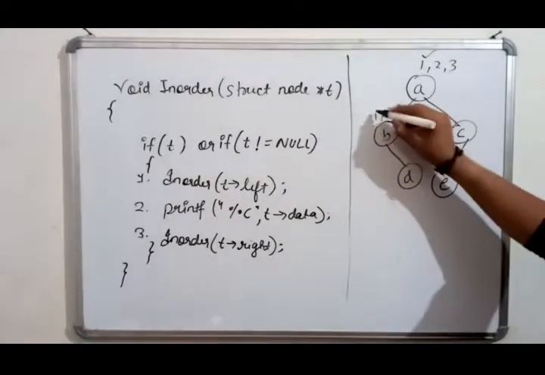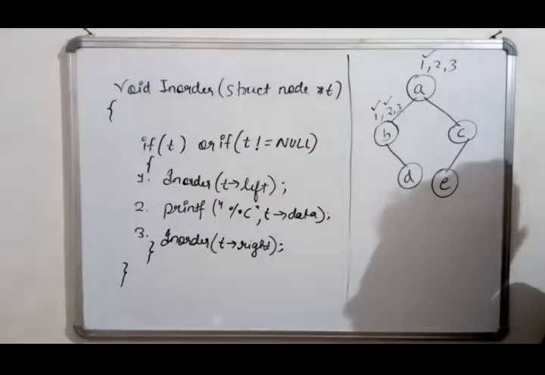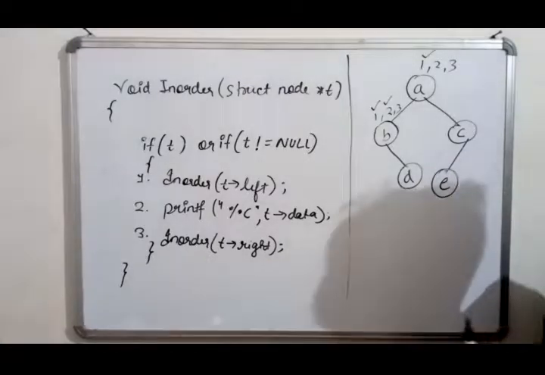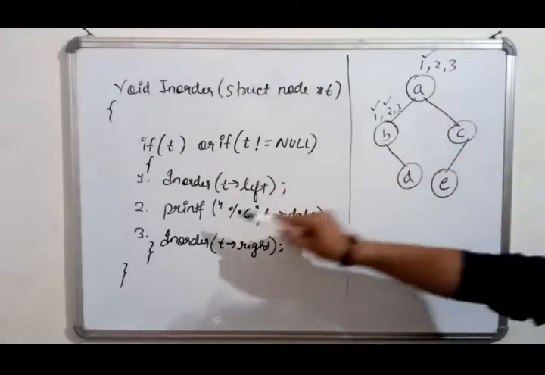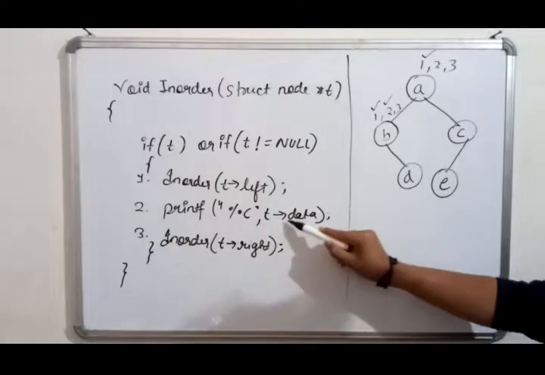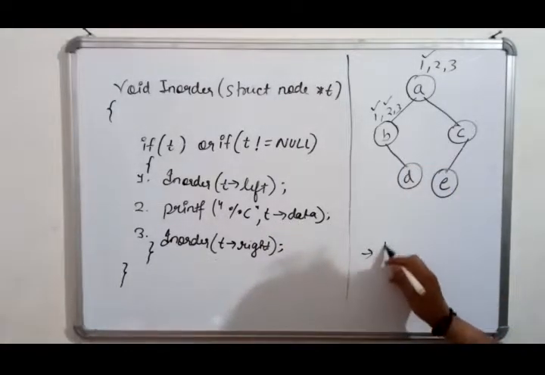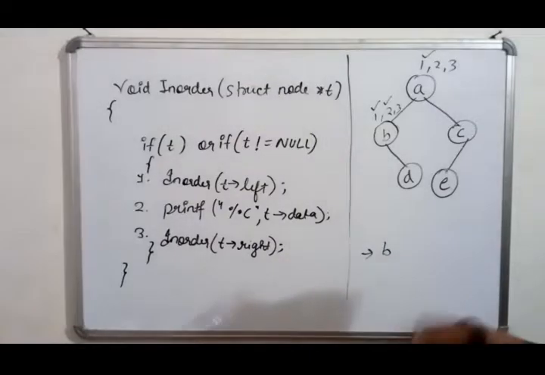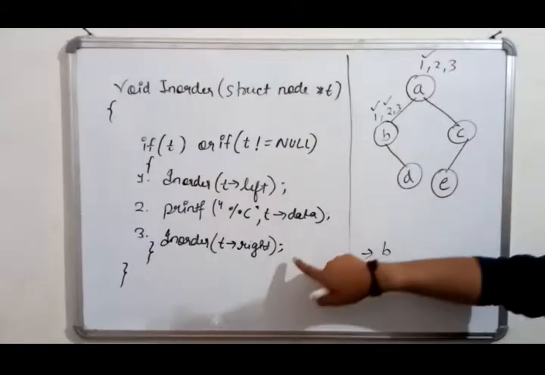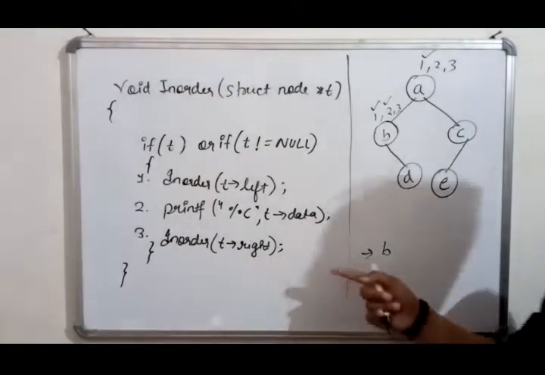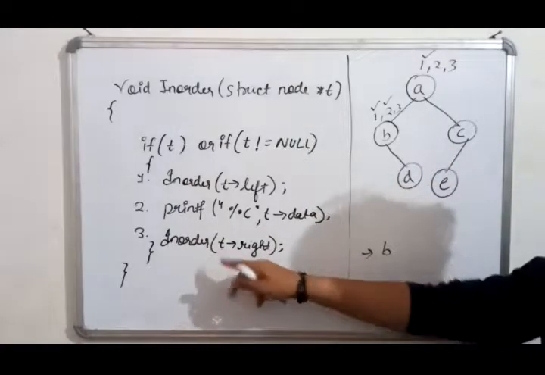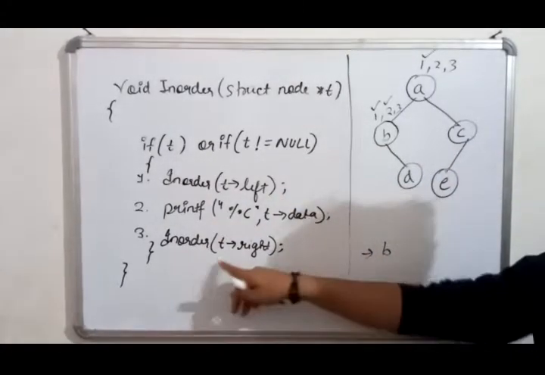So its first instruction is executed. Now it will execute its second instruction, that is printf of t's data. The data of t is B. So it will print B. Now it will go to the third instruction. The third instruction is to call the Inorder function again with t of right.